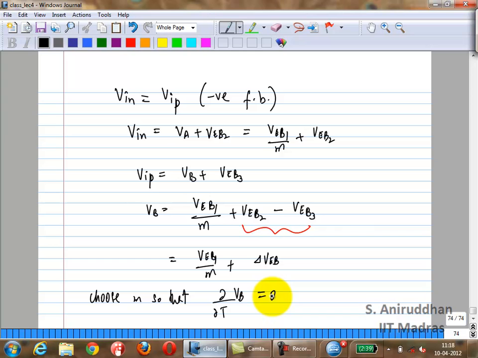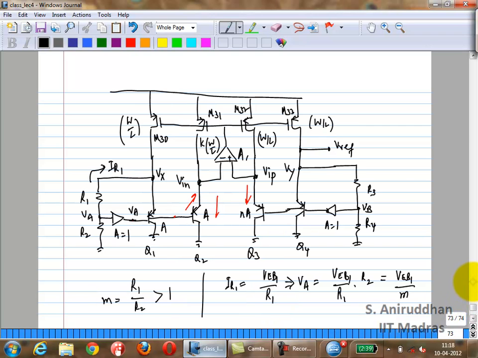You can do this. So delta VEB is PTAT, the other one is just a VBE. You can adjust the coefficient such that it becomes 0. Okay. VB is nothing but the voltage across R4. So now you can write Vref in terms of this value, in terms of VB.